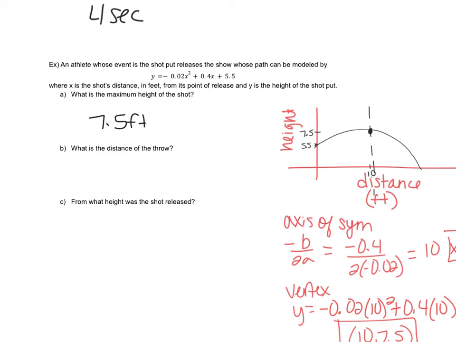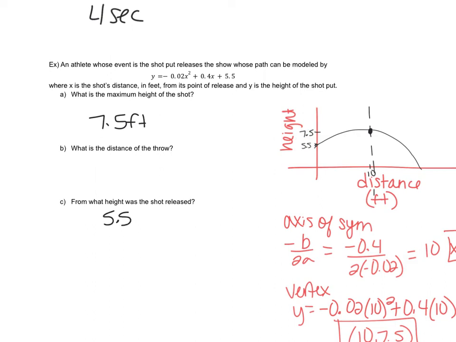Let's skip letter B. And then from what height is the shot released? So what is the starting height that it's released? Well, it starts right here at 0, because this must be the height of the person, 5.5 feet. So where it starts is 5.5.